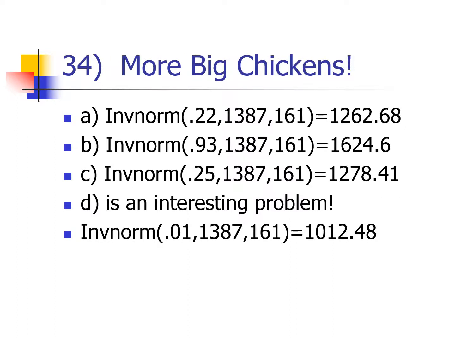And then it asks us for some percentiles. D is actually a pretty interesting one. I've seen problems similar to D on our comprehensive final exam. It's a little bit similar to that fish one. You want to offer a money back guarantee, but you don't want people cashing in on it very often.